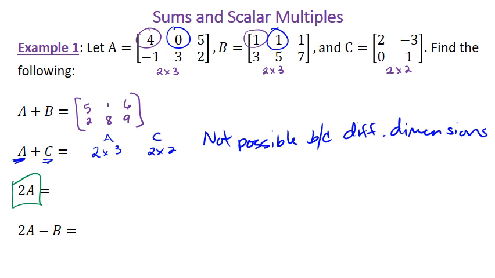Here we have a scalar multiple of matrix A. So all I'm going to do is take matrix A and multiply each entry by 2 to get the following matrix.